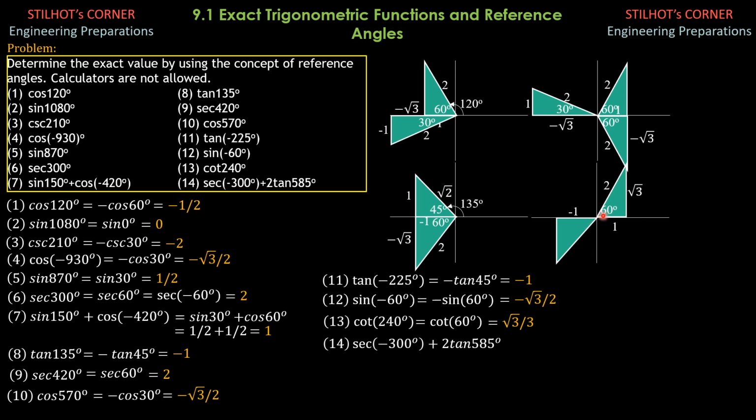We just base it from the figure secant of negative 300. This is the terminal side of negative 300 degrees. So it is 2 over 1, hypotenuse over adjacent, while tangent of 585 degrees is negative 1 over negative 1, opposite over adjacent, so positive 1. So therefore, it is 2 plus 2 times 1 equals 4.